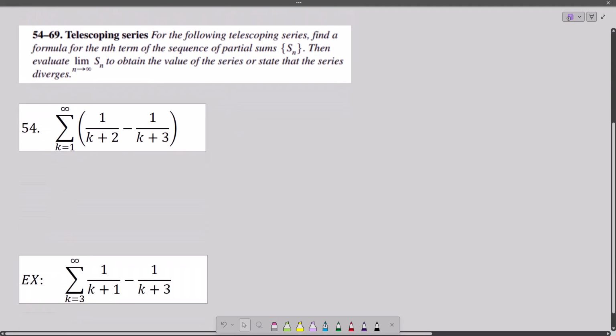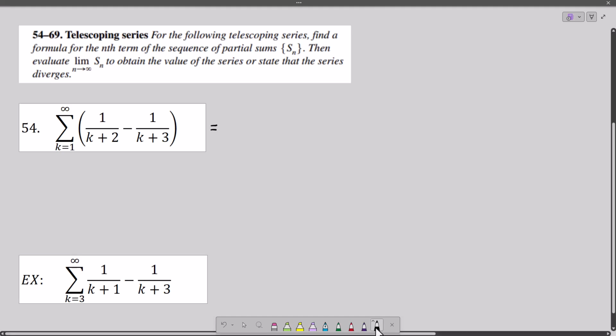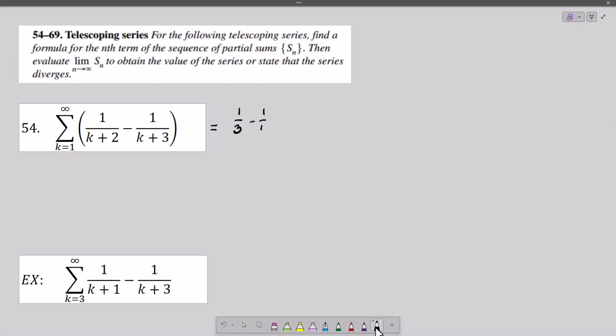So S sub n, if we can find it, is amazing. Let's take a look at the terms of this series. So if we plug in a 1, we get a third minus a fourth. I'm going to leave it in parentheses. So that's the first term.